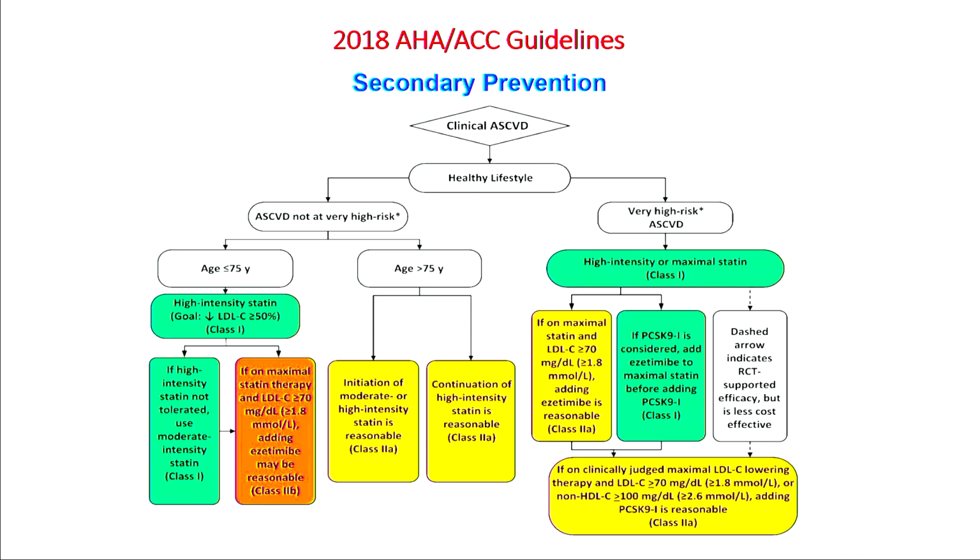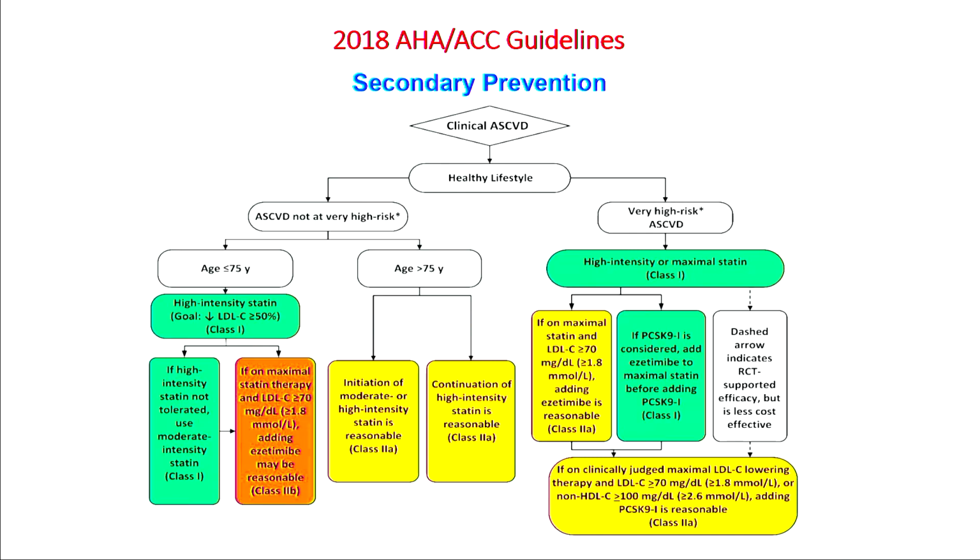And then the guidelines really emphasize this step of using ezetimibe before the PCSK9 inhibitor, but this is a hotly debated topic of really, can you get 20% or you get 60% LDL lowering and more benefit with PCSK9 inhibitor? But the guidelines felt that because ezetimibe was oral and generic, although it's not always cheap, but it is generic, that should be the next step.